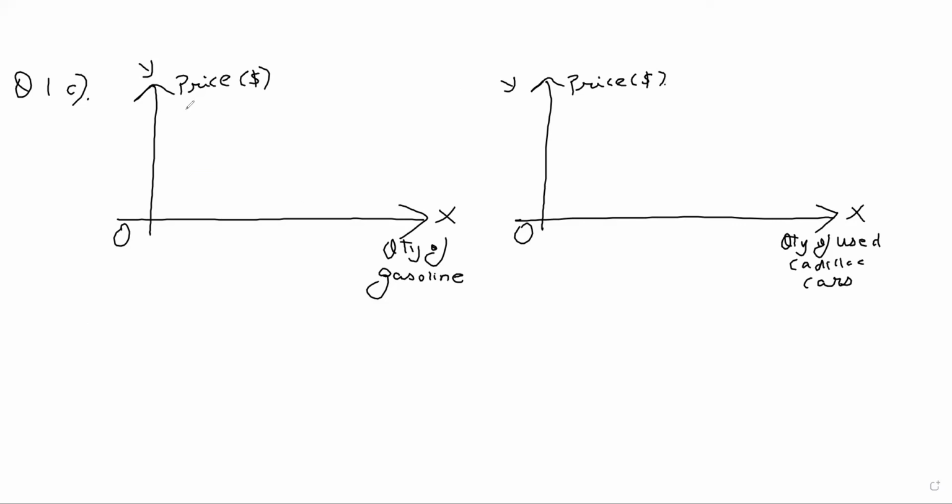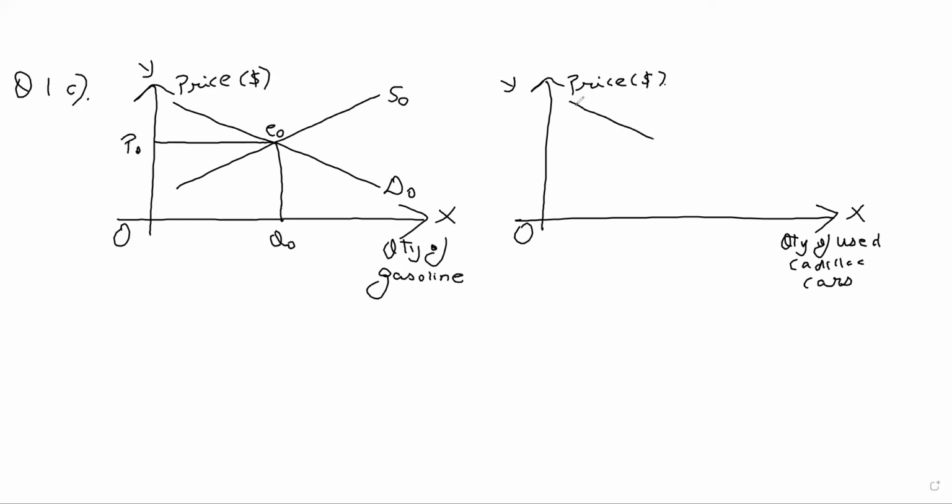So I can draw the initial demand and supply curves in both the cases. These are the initial demand and supply curves. We can mark the initial equilibrium price and quantity in both the diagrams. Okay, so initial price, quantity combinations.